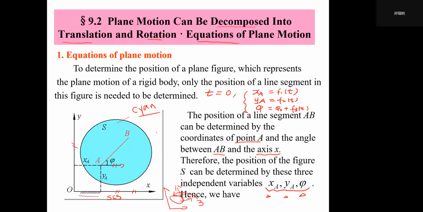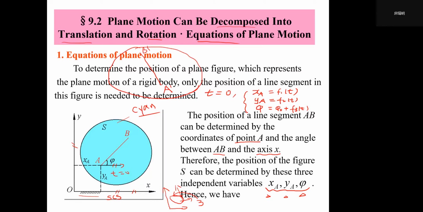If we look at different times, let's say this is when time t equals 0. Maybe at another time t, this body moves to here and also has some rotation. Maybe our AB will be like this, so this A prime and B prime.